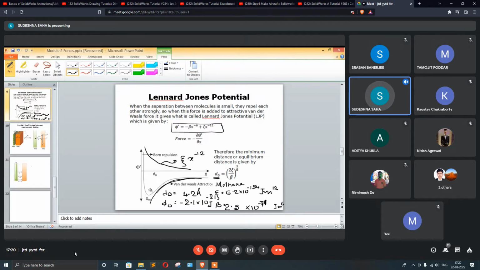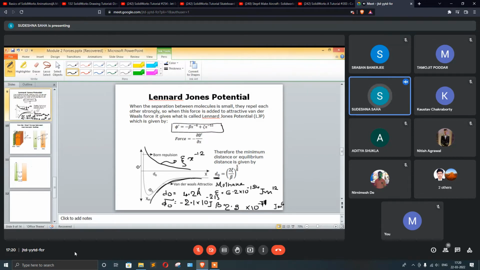Okay, so the physical significance of this value of d naught is that in the condensed state, the distance between two molecules will be nearly 4 angstrom.